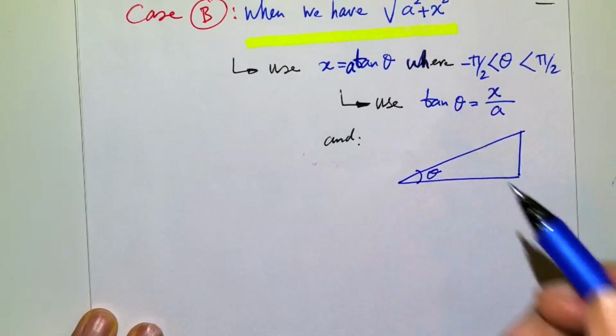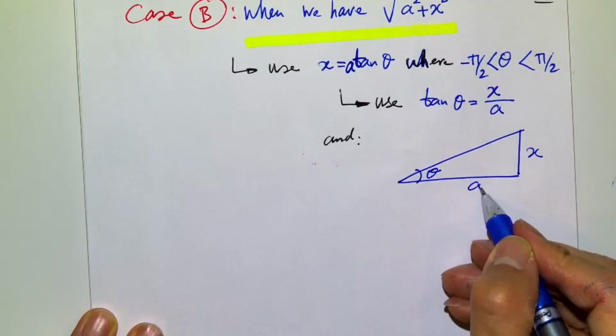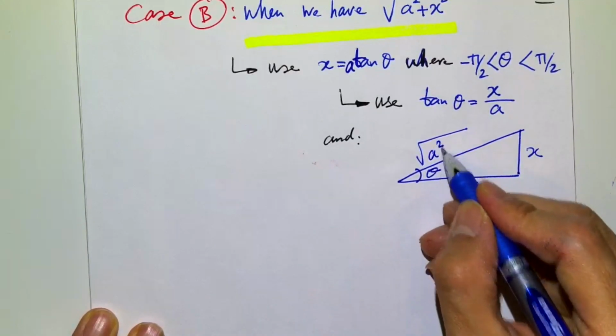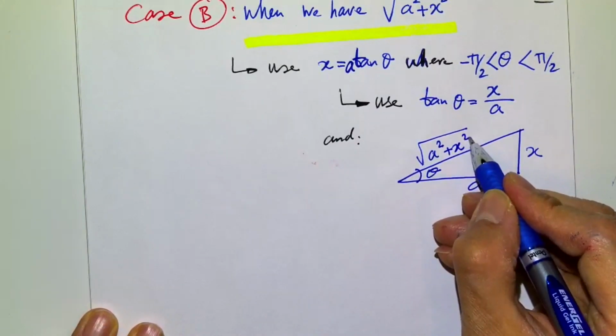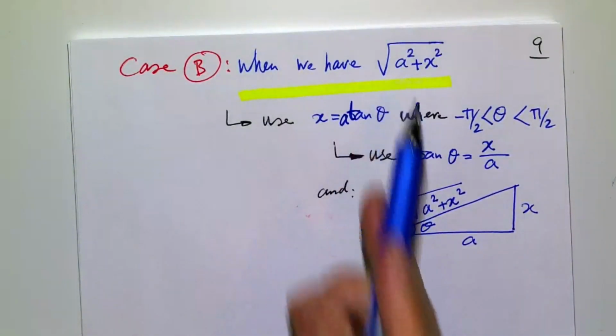Tangent is equal to the opposite divided by the adjacent, so this would be opposite. That's the adjacent. That means that by the Pythagorean theorem, we have a squared plus x squared, which is the case that we have, if that's part of our integrand.